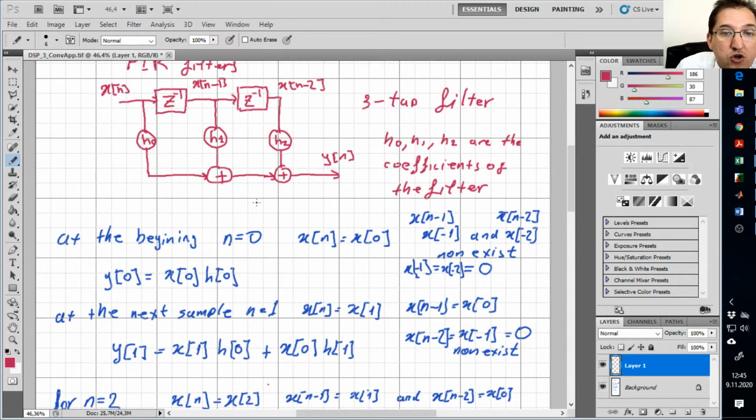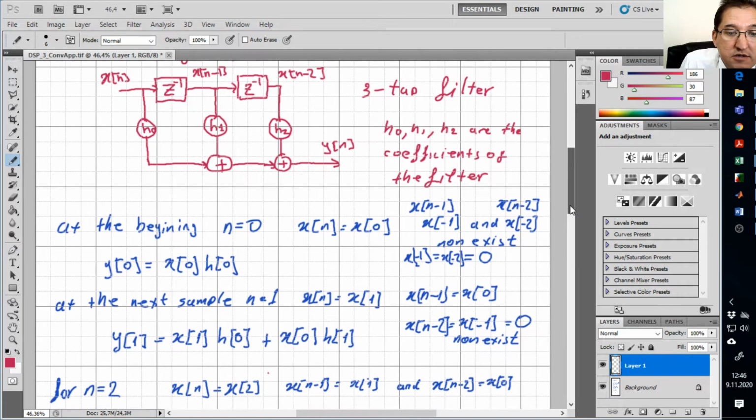The output y1 this time is x1 times h0 plus x0 times h1, and x minus 1 is 0 here, so the output is this.